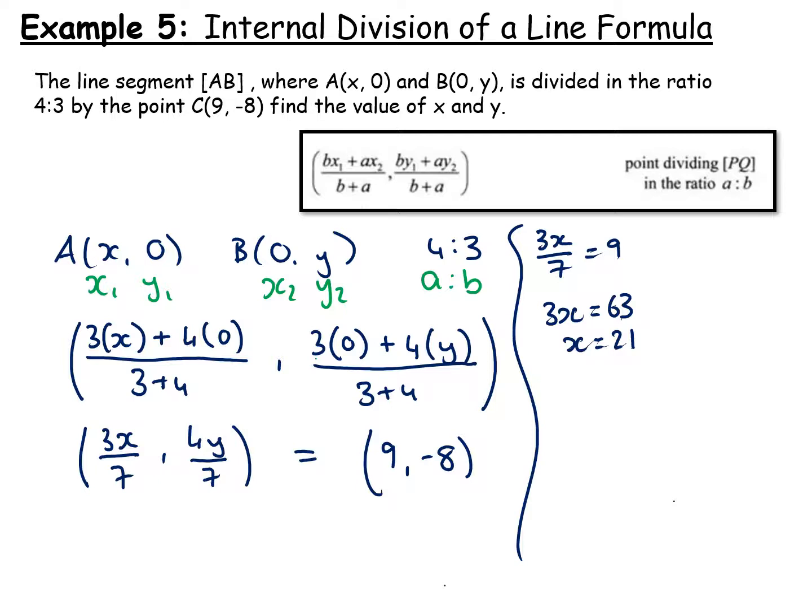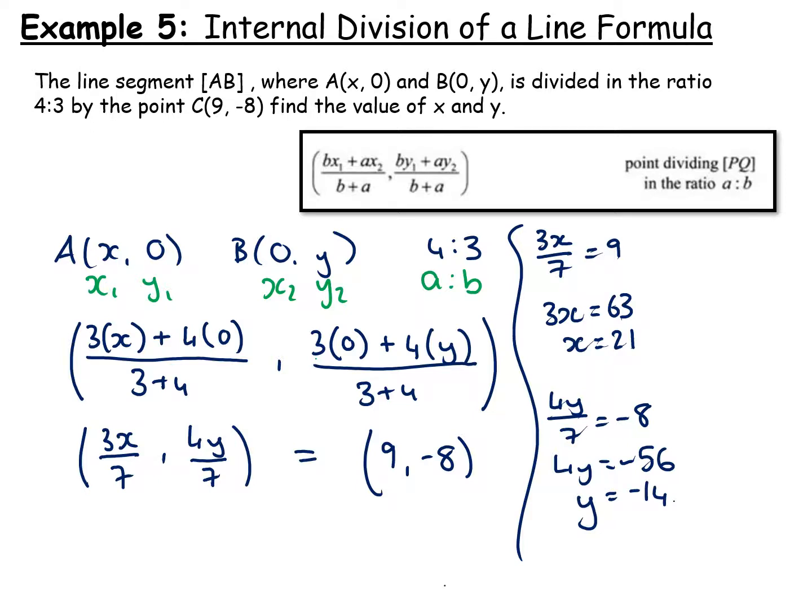Our second part that we want to look at is the y coordinate. So 4y over 7 equals negative 8. So 4y equals minus 8 times 7, so that's minus 56. And dividing that, we get minus 14.